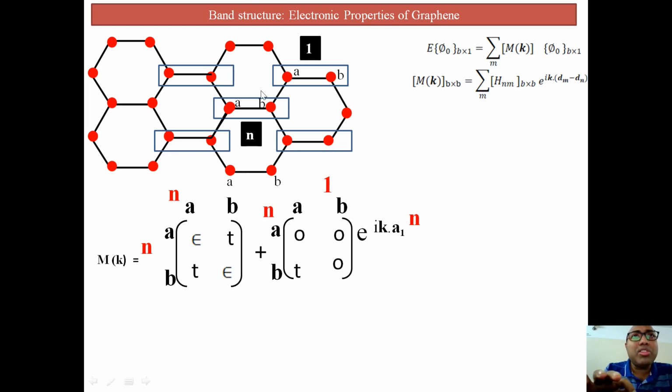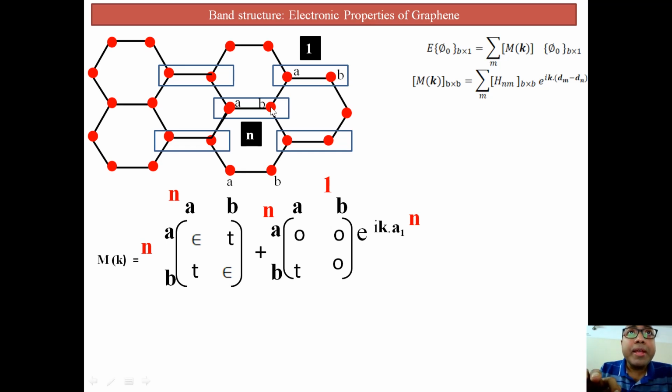From here to here, that contribution you can neglect. It's far away from each other. As we know, if you have a wave function from here and here that are far away, definitely the contribution is very, very small. We had multiple discussions on it. That is why it is 0. Similarly, the nth B component with the B component of the first cell is also far away, so we have neglected it.